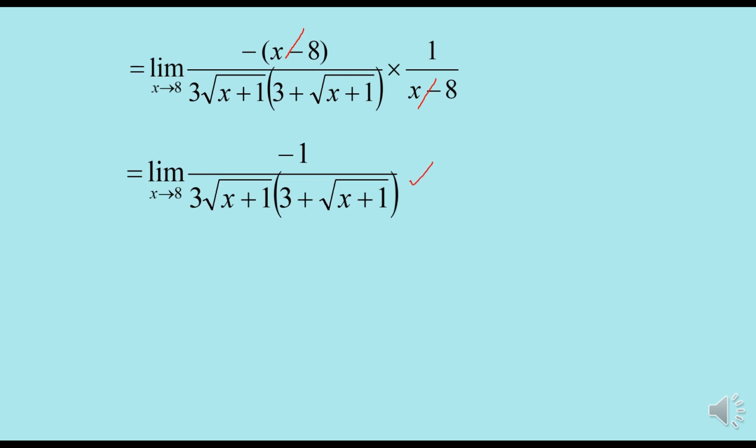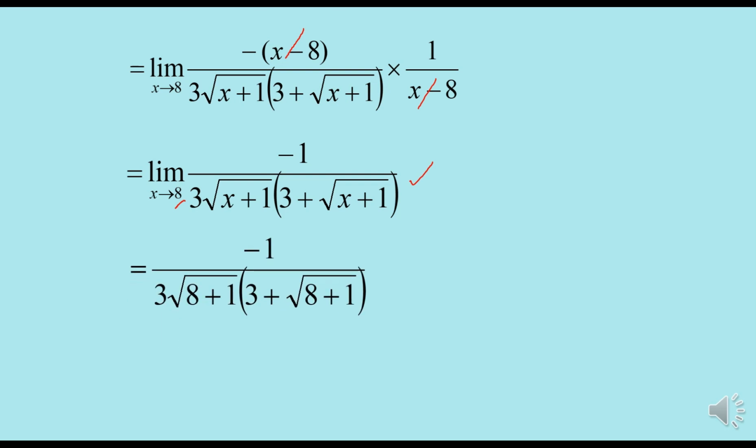Then you substitute x here with 8, and the answer is negative 1 over 54. Okay, please take note that when I substitute the value x equals 8, I don't write the word limit here. Okay, you don't have to write it when you substitute the value x equals 8.